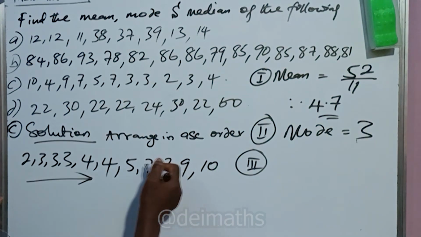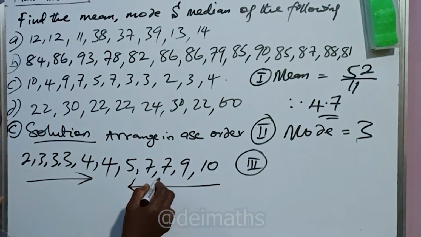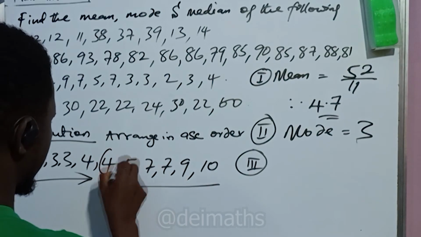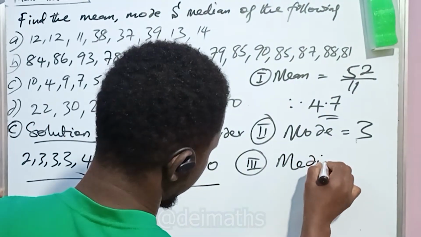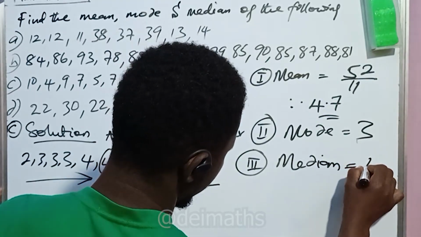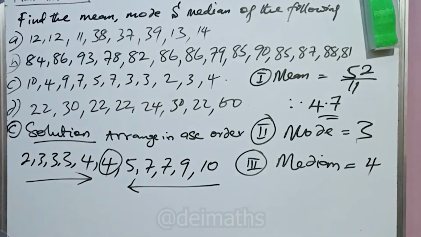Our median becomes 4. Median is 4. That is for C.